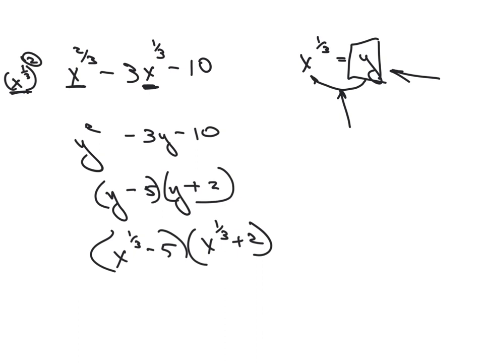Okay? Because really, when you're factoring a trinomial, for the most part, you're just dealing with the numbers. See, we've got the -5 and the 2, which gives us the 10. Added gives us the -3. We didn't do anything with the variable in the exponents. So the variable in the exponents make it really, really confusing because they've got fractions as exponents, and it's like, what the heck do I do with these?